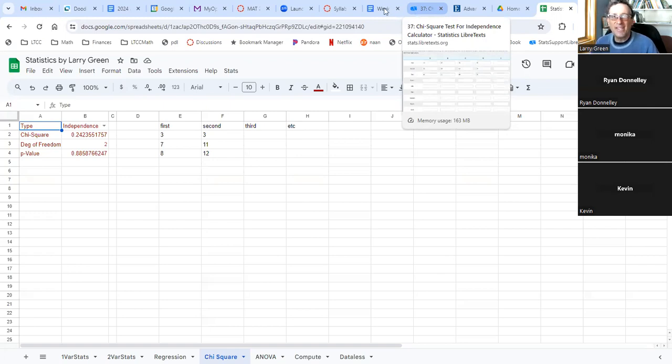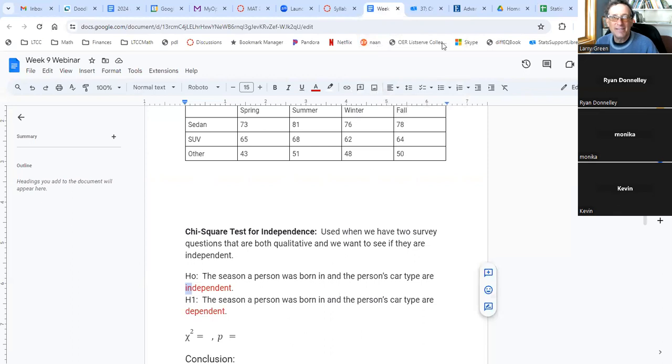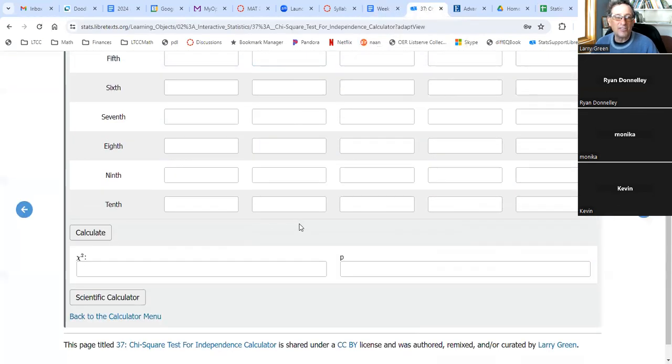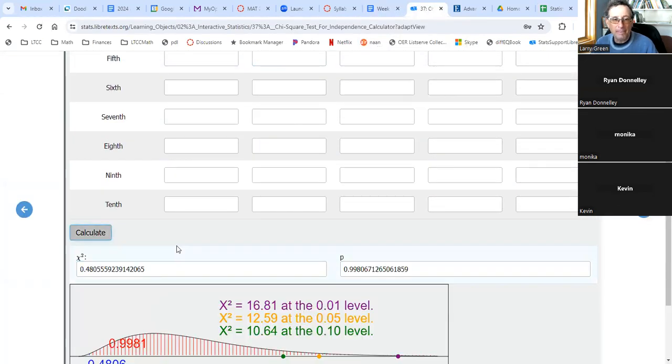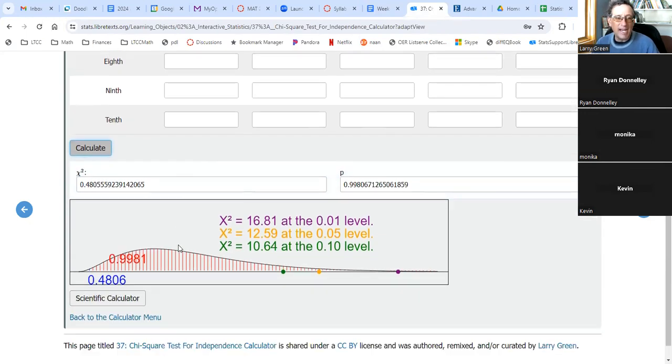Okay, so anyway, let me get back to the calculator. So I'm going to scroll down and hit calculate. Okay, so here we have chi-squared is about 0.48, and our p-value is 0.998.